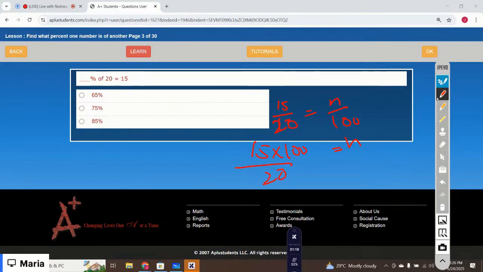That is 15 times 100 divided by 20, 75%. The correct option is 75%.